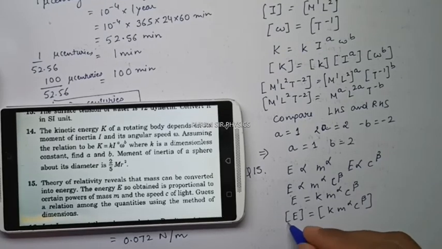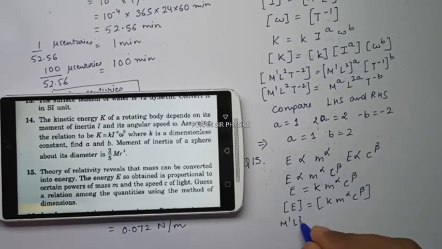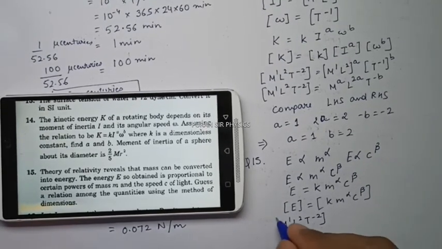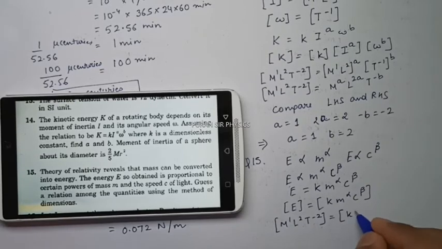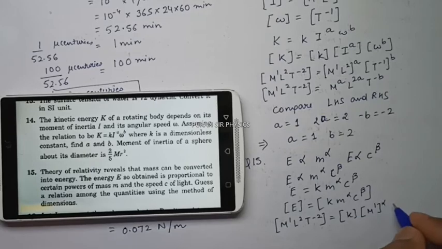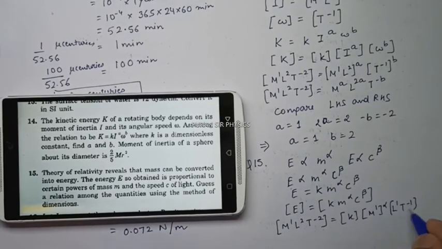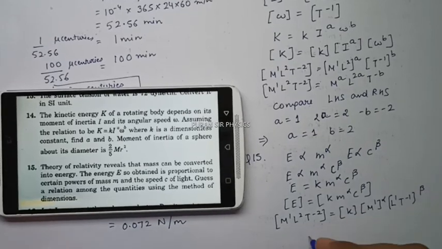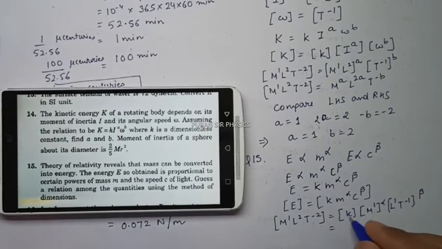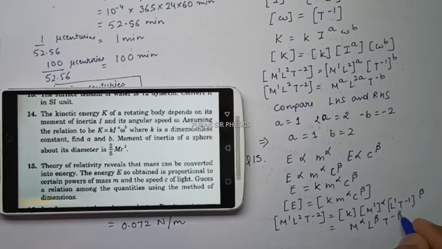The dimension of energy will be m raised to power 1, L raised to power 2, T raised to power minus 2. Here the dimension of k does not contribute anything, then m raised to power 1 to the alpha. Speed of light is L raised to power 1, T raised to power minus 1, whole raised to power beta. So it will be m raised to power alpha, L raised to power beta, T raised to power minus beta.